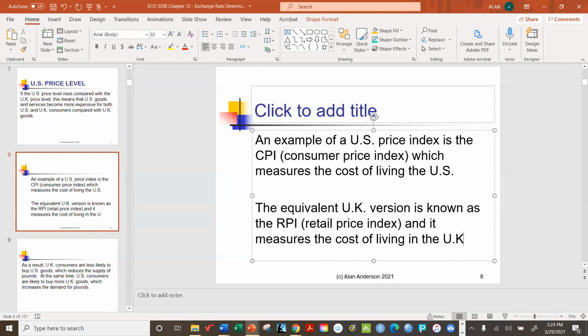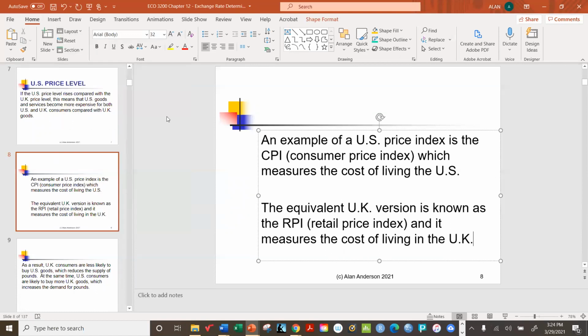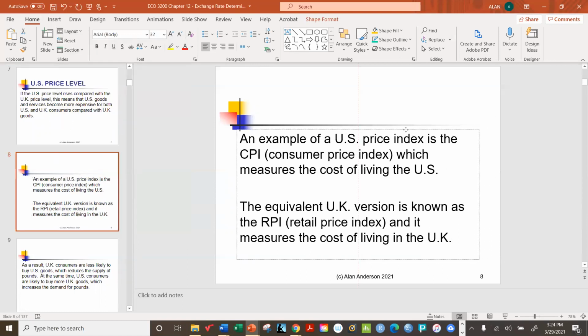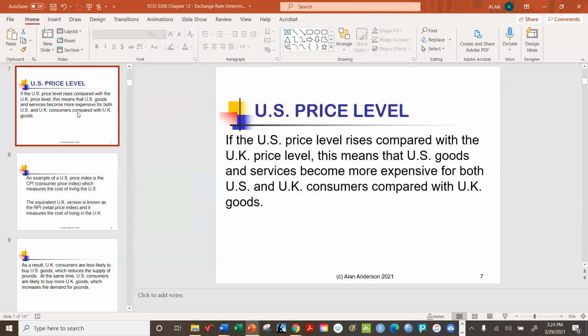Now, these price levels will change over time. They typically go up. They don't usually go down, but when they go up, the question is, which one is going up faster? So if the US price level rises more quickly than the UK price level, then American goods become more expensive to both American and British consumers.